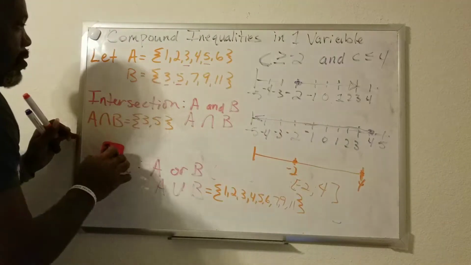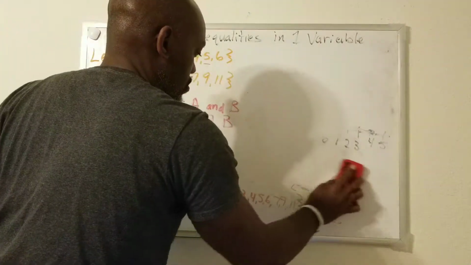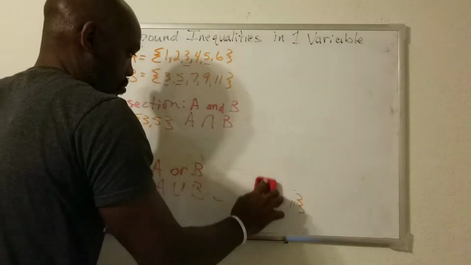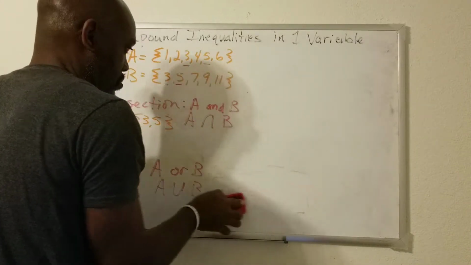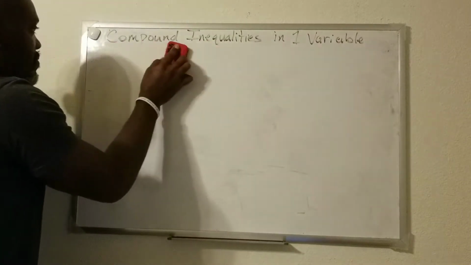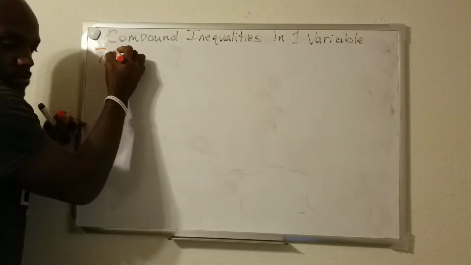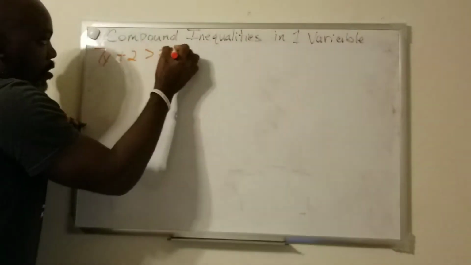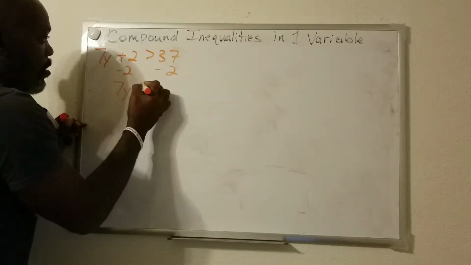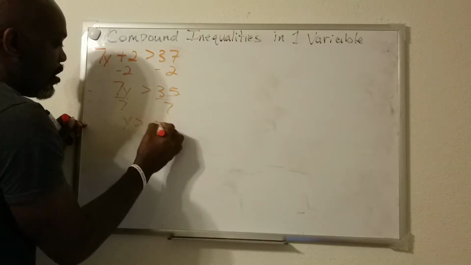Okay, you got that. Let's say they give you an inequality to solve that's 7y less than 35. Divide both sides by 7. Y is less than 5.